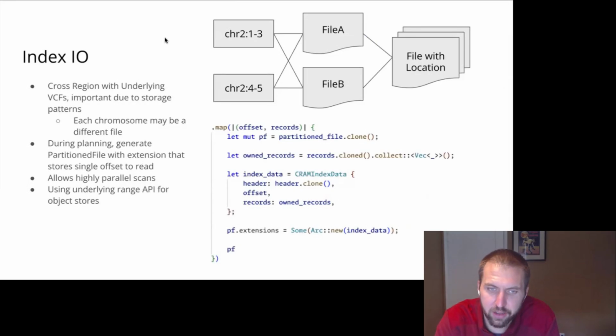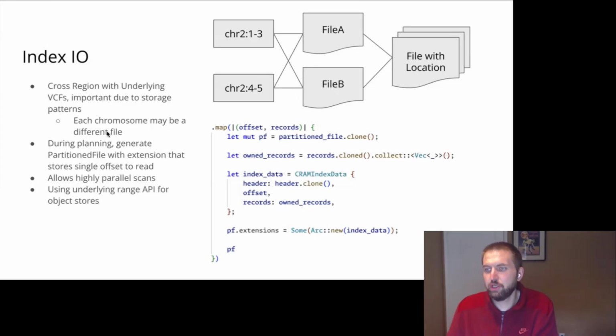One of the really great things that Data Fusion has is something called a listing table provider. And like I mentioned, so much of bioinformatics is a file-based science, if you will. And the way people tend to store data is often, say, each chromosome might be different files.